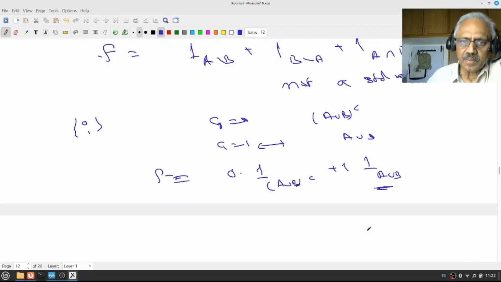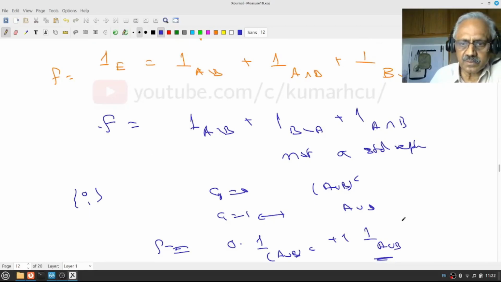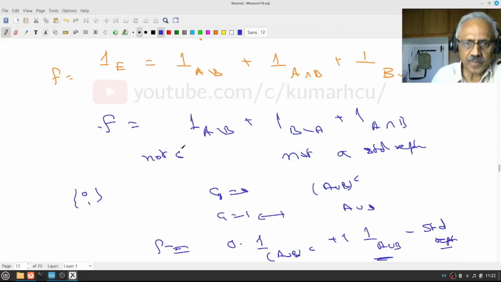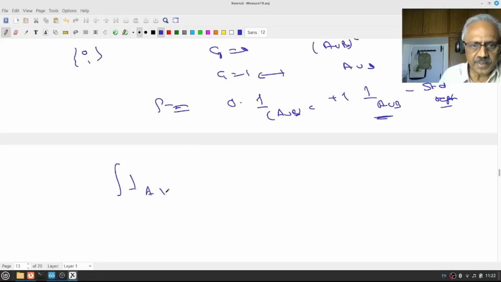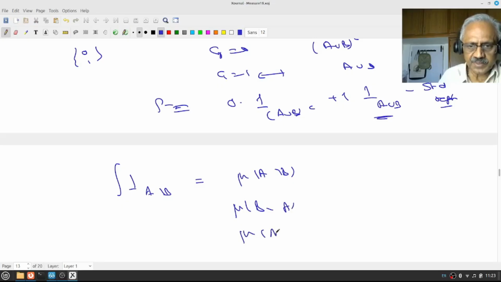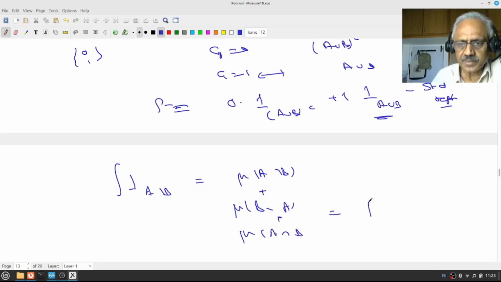This is a standard representation of this simple function. But the other one is non-standard. But we already know the integral of the indicator of A minus B is mu of A minus B, and similarly mu of B minus A and mu of A intersection B. And we also know they add up to mu of A union B. Why?